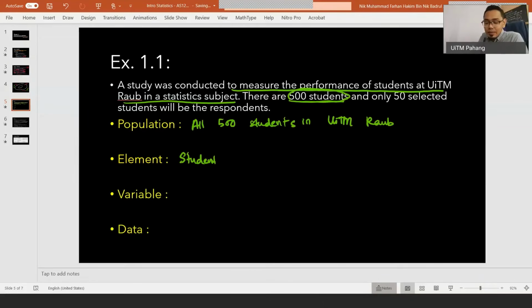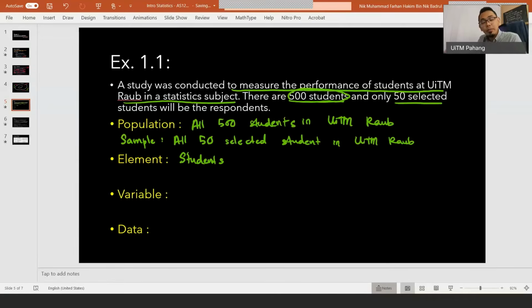Then I'll write the sample here. Sample kita hanya memilih 50, alright? So all 50 selected students in UiTM Rau.